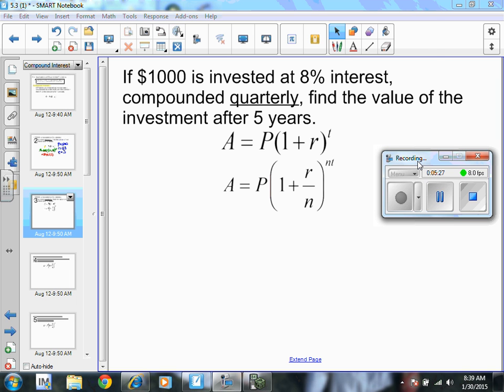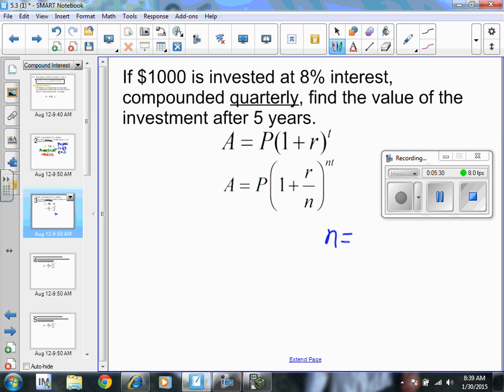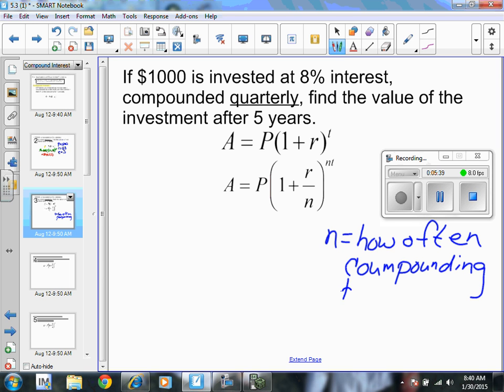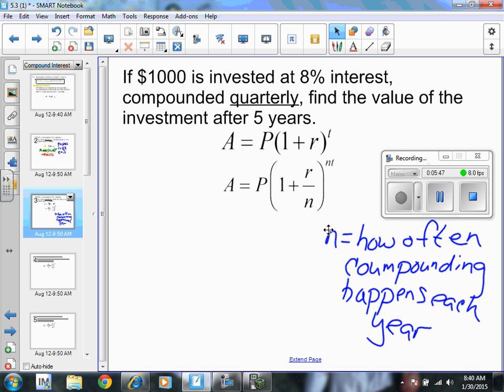Let me write that down. N is how often compounding happens each year. All right, make sure you have all of this in your notes, and then I will demonstrate this problem in a second.